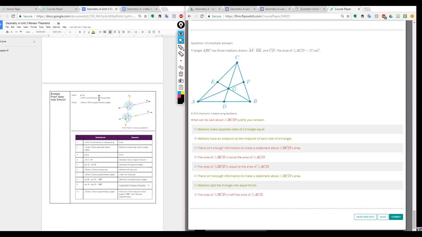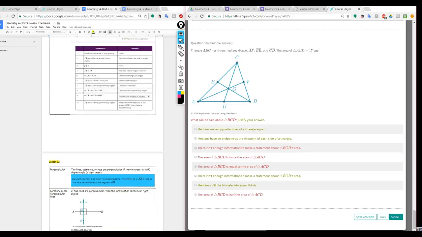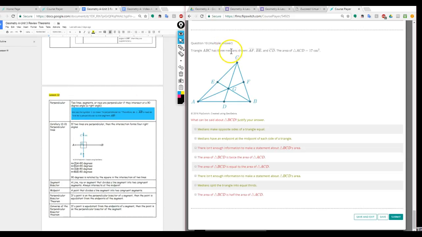Okay, so the first thing is medians cut the opposite sides in half. So if we're looking at triangle ACD, and then we want to know about triangle BCD.